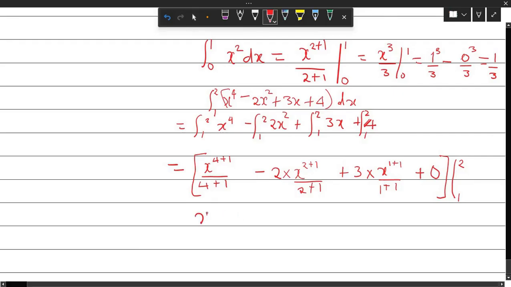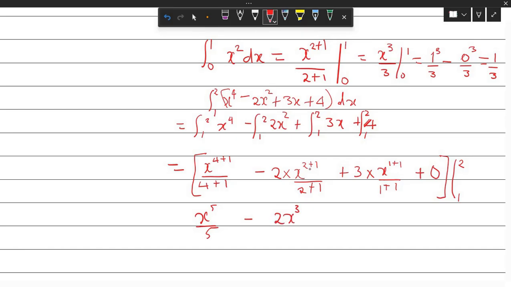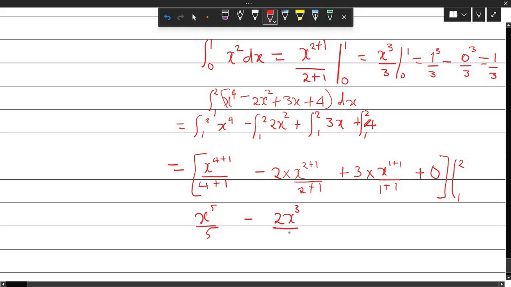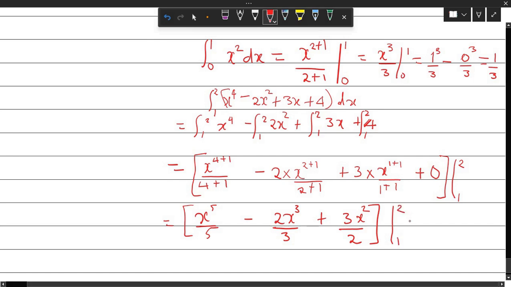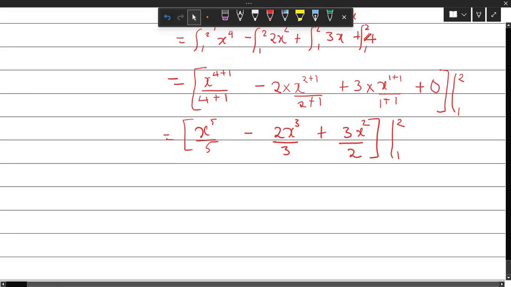So this will be x to the power 5 over 5 minus 2x to the power 3, 1 plus 2 is 3, over 3, plus 3x to the power 2 over 2. Then we write our limit, lower limit, upper limit. Okay, so now we can substitute our limits.